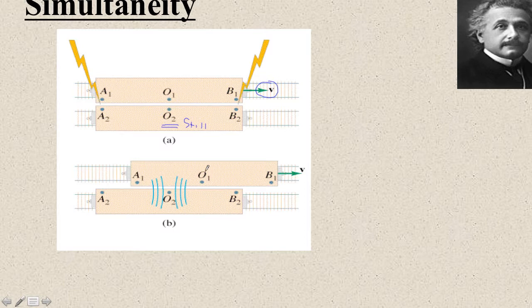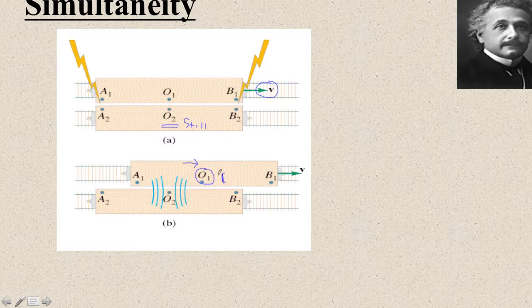Now, observer 1 on the moving boxcar, since it took some time for the light to travel from B1 to them, in that time they moved a little bit closer to B1, so they see the pulse in front of them as happening first. If these pulses are like here, maybe they're here and they're here, since you move into that pulse, you see that pulse first.